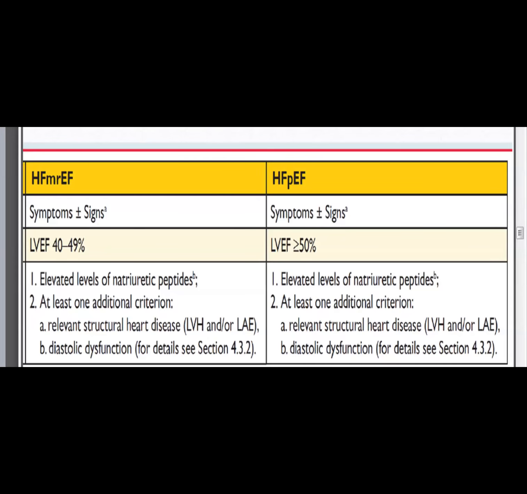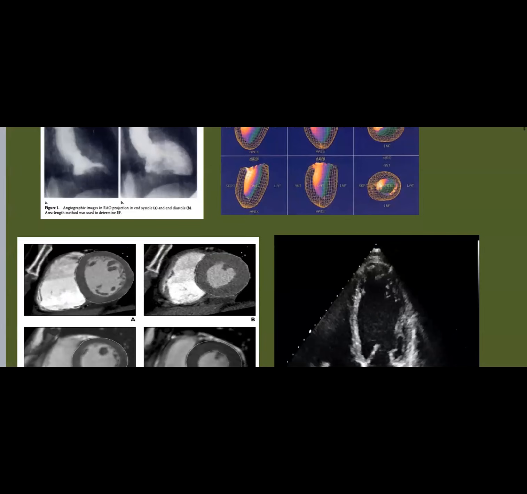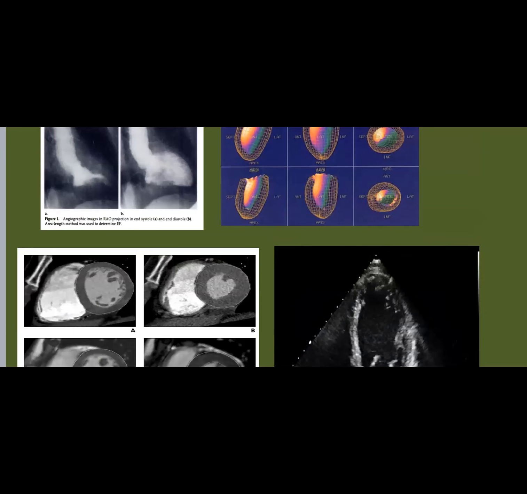The ejection fraction can be evaluated by echo or by other imaging technologies, which have their own ways of assessing it. Historically, the ejection fraction was assessed by angiogram, the invasive LV gram. In nuclear SPECT and PET, they have their ways from the gated images to assess the ejection fraction.